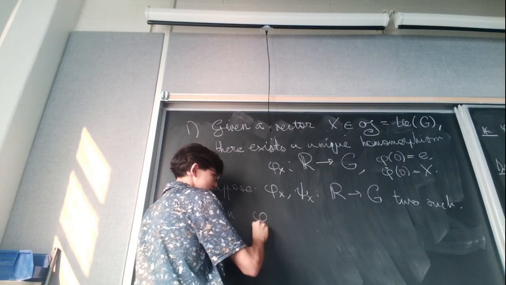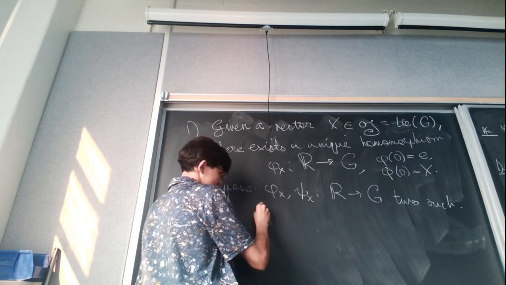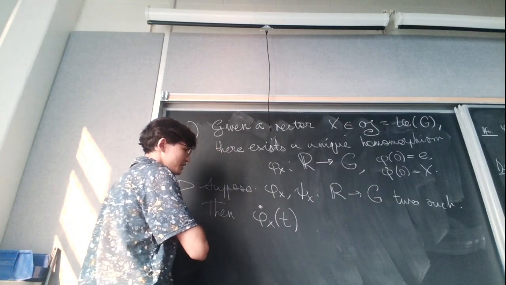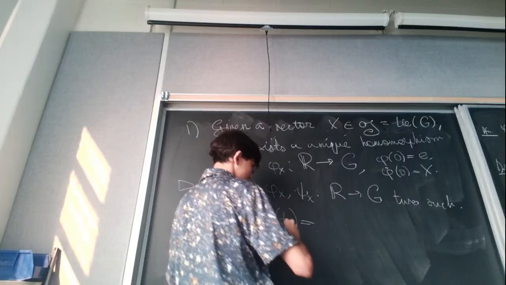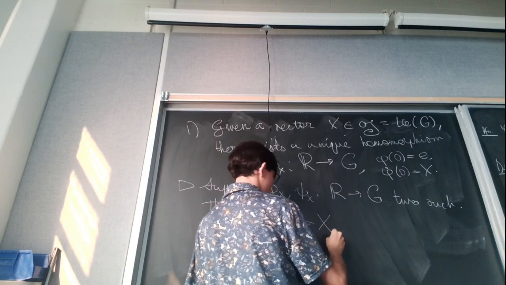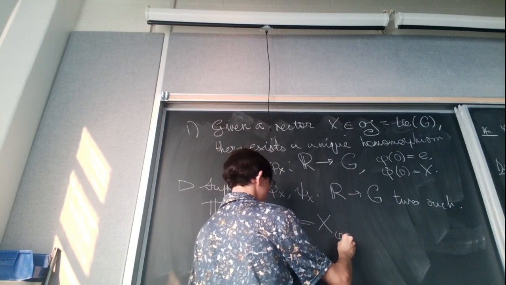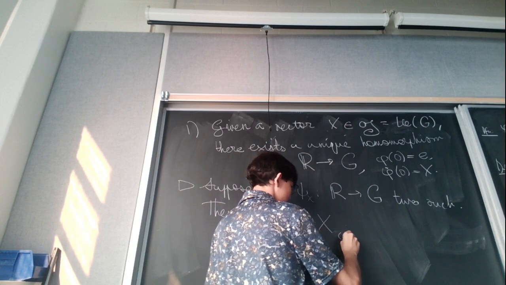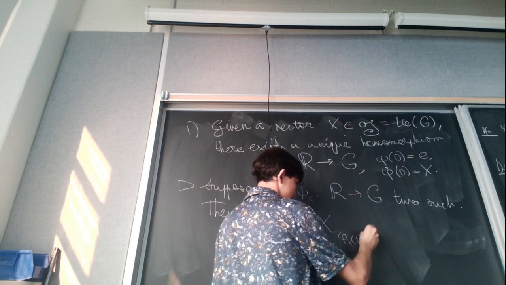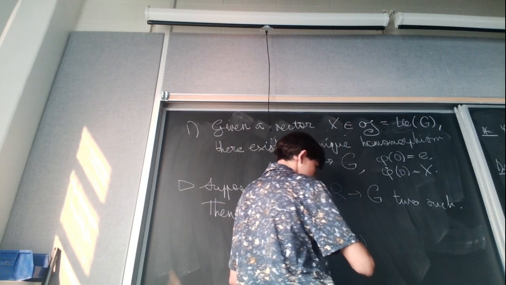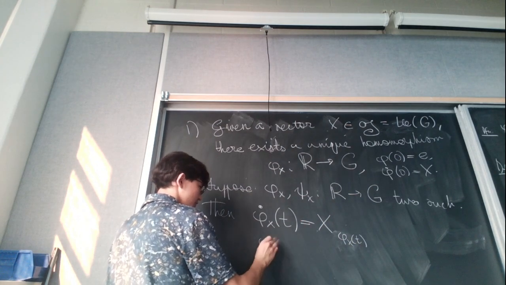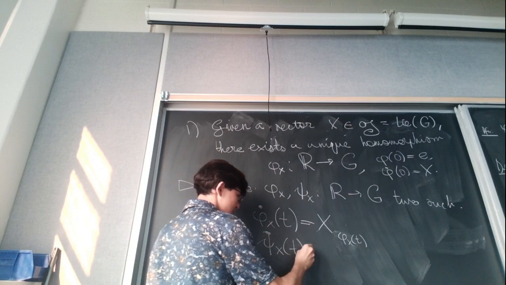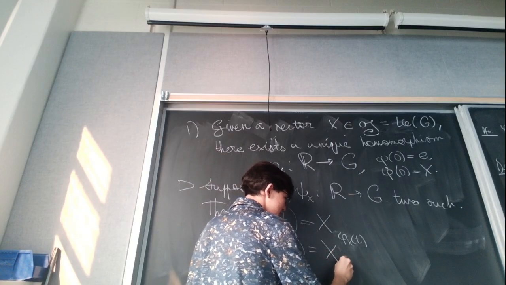Because you know that the derivative of phi x at time t is your left invariant vector field applied to phi x, and the derivative of your vector field is also the left invariant vector field.